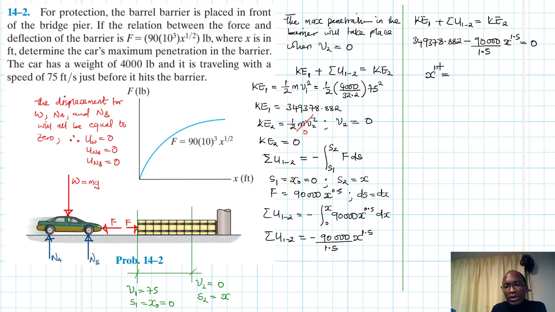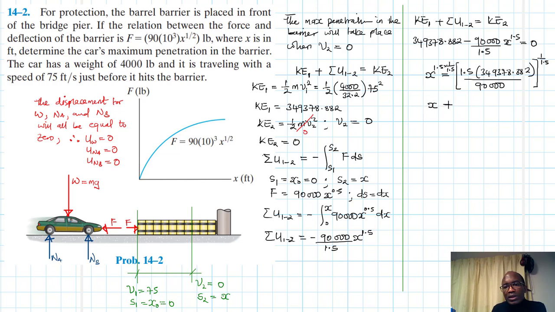So this just becomes 1.5 times 349,378.882 divided by 90,000, and then you raise this to the power of 1 divided by 1.5, and also this side to the power of 1 divided by 1.5.